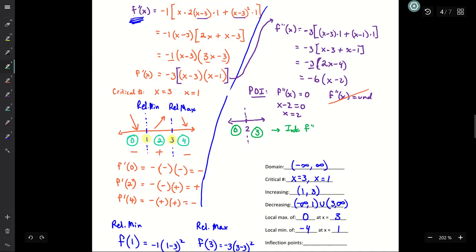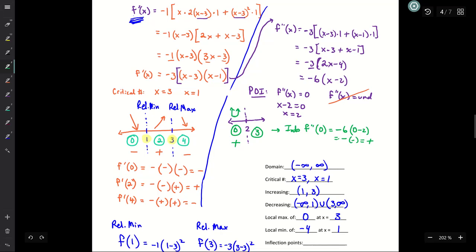So into f double prime, if I evaluate f double prime specifically at 0, I get a -6 and then a 0 minus 2. That gives me a negative multiplied by a negative, which is going to end up giving me a positive overall. So positive here, I'm not going to do an increasing motion, I'm going to do a concave up motion. So that tells me about the concavity.